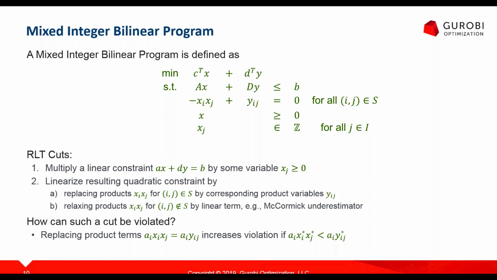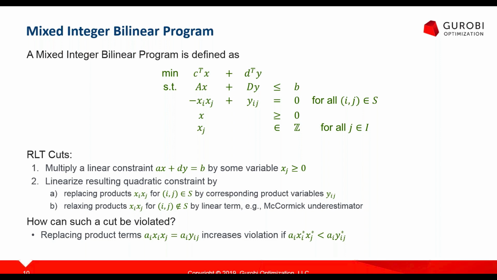In this case, we just replace this product by the yij variable, and then it is a linear term. The other case is that this product does not exist in S, so there is no yij variable that we can use. And in this case, we need to find a different way of linearizing it. For example, we could just replace the quadratic term with one of the McCormick underestimators.